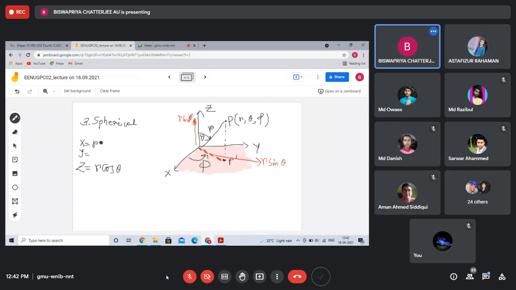This is r cos theta, this is r sin theta. So x will be equal to r sin theta times cos phi, that is r sin theta cos phi. Good. And y is equal to r sin theta sin phi.